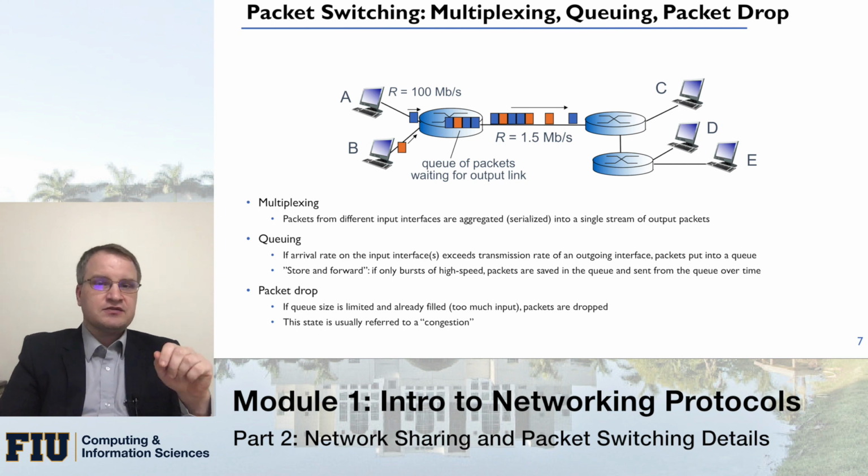I'll just give you the idea of what is happening. Multiplexing is the fact that the router, or whatever switch or any other element of the network, can receive packets from multiple sources, and yet needs to send these packets to a single destination.